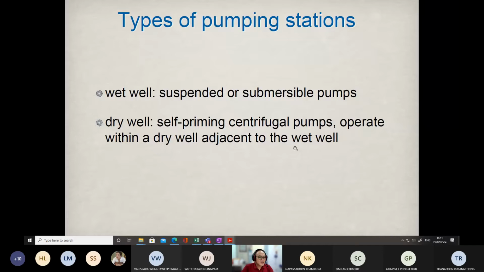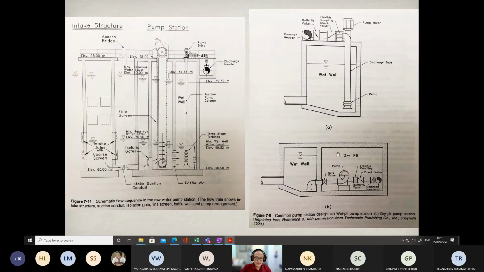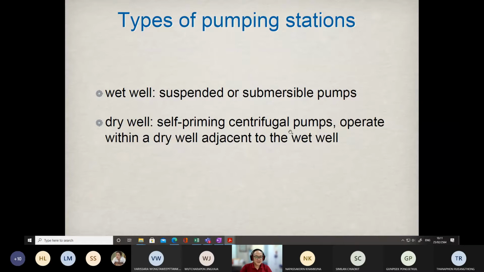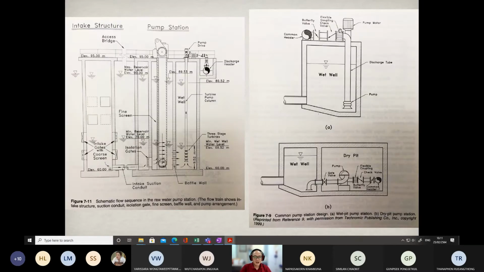Talking about the pumping stations, we can classify them into two types: wet well and dry well. So how does it look? For the wet well, normally the pump is hanging or submerged. We keep it inside the well, and once it is in operation, the water gets through the pump directly, and then we transfer it to the next unit operations.